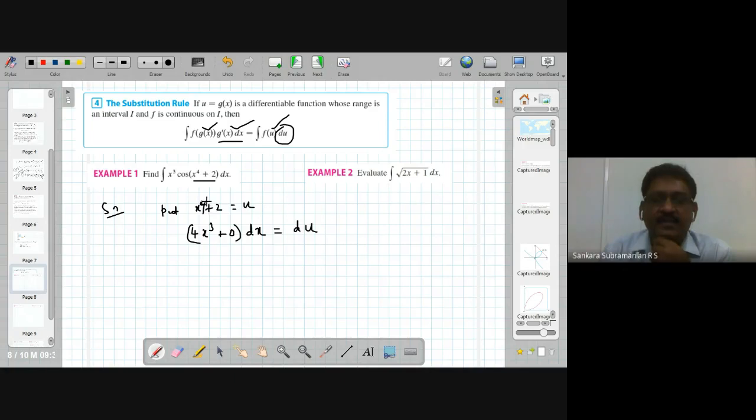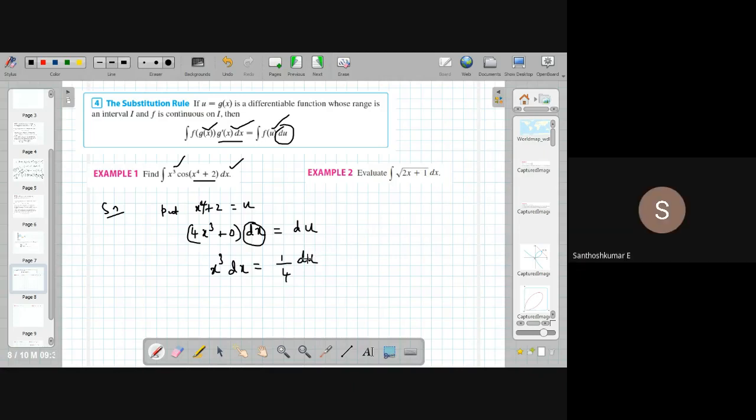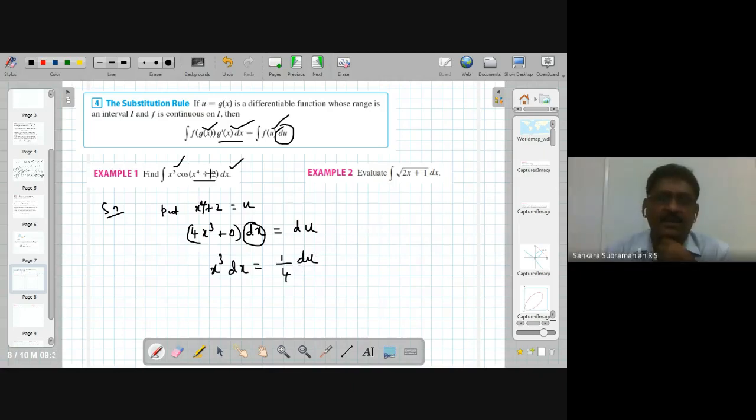Differentiating x power 4 gives 4x cube into dx. We are not differentiating with respect to x. If you do with respect to x, then it becomes dx by dx, and we would get the value 1. Since we are differentiating on both sides, you have to write the dx. So I have a term x cube dx. I can replace x cube dx with 1 by 4 du, and x power 4 plus 2 as u.